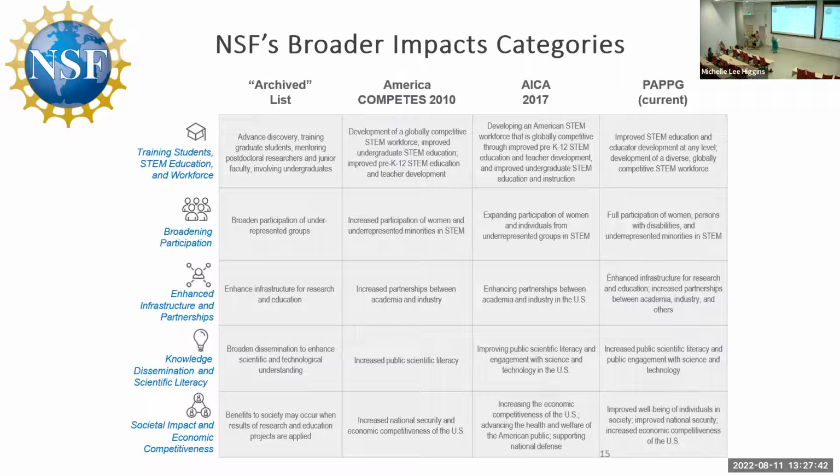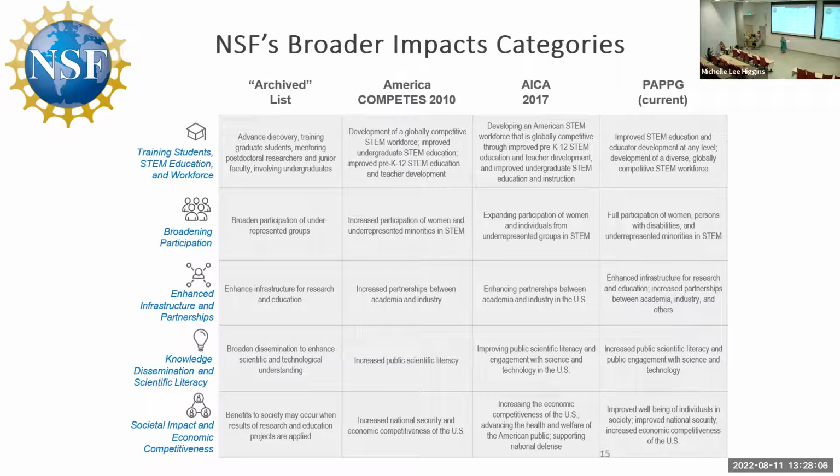It was the first time it really talked about partnerships between academia and industry, which, as we know, is really big now. Then in 2017, the American Innovation and Competitiveness Act was passed. So it tightened it a little more. It expanded on it a little more. It started adding advancing the health and welfare of the American public.